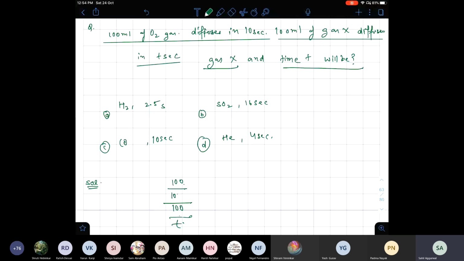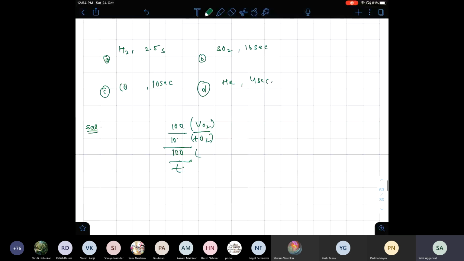Theek hai, to volume of oxygen divided by T of oxygen. Volume of gas X divided by T of gas X will be equals to mass of gas X.